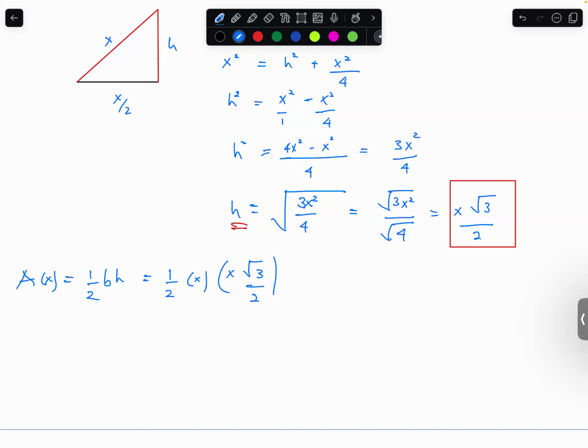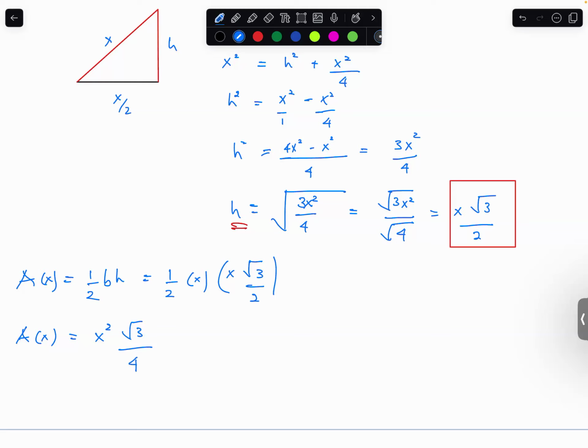If we multiply this expression, A of x is going to be 1 over 2 times 2, which is 4, so we have x squared square root of 3 over 4.